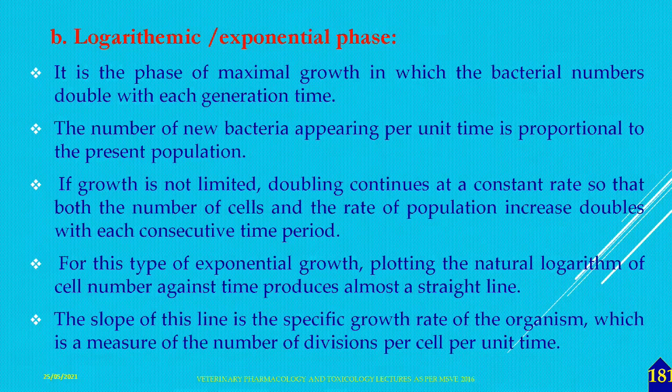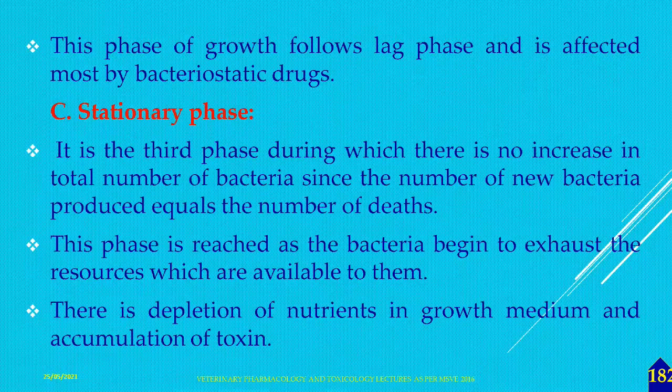Then the stationary phase is the third phase. Especially the lag phase and the log phase are the ones inhibited by the macrolide antibiotics and especially the bacteriostatic drugs. The stationary phase is the third phase during which there is no increase in the total number of bacteria, since the number of new bacteria produced equals the number of deaths.